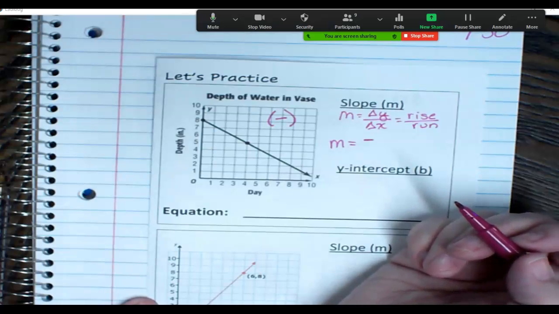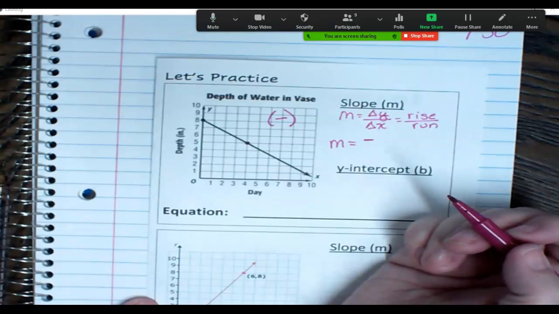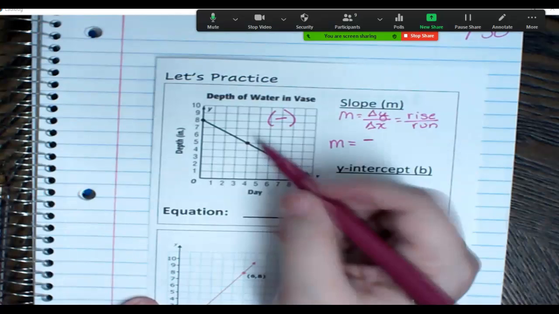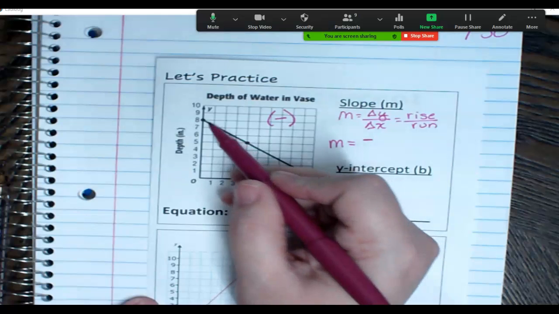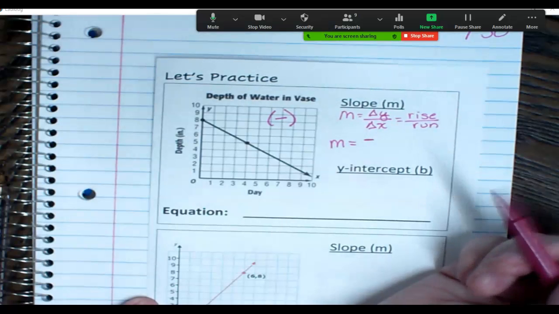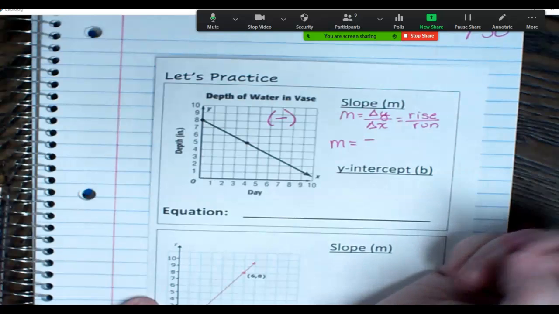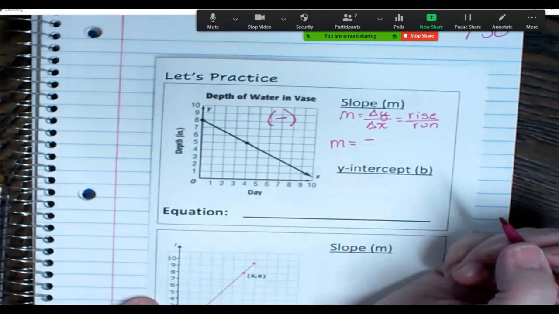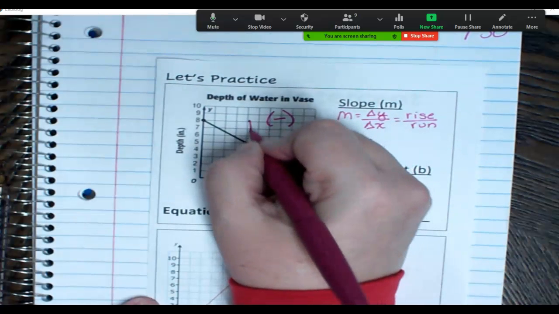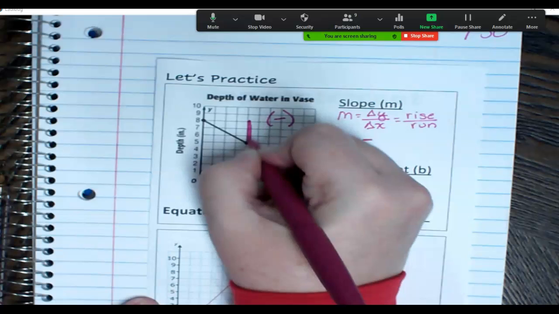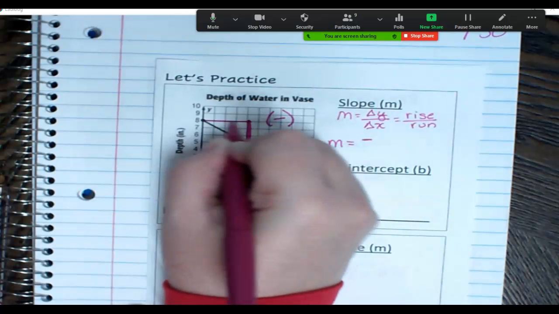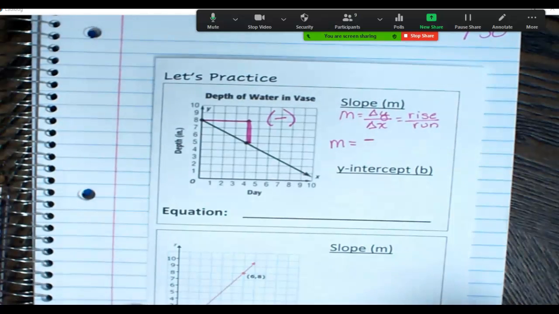Do I just start counting 1, 2, 3, 4, 5, 6, like that? No. Count the rise, count the run, and what do I draw to help me do that? Our triangle. We have to draw our triangle, so that way we can count our vertical change and our horizontal change.